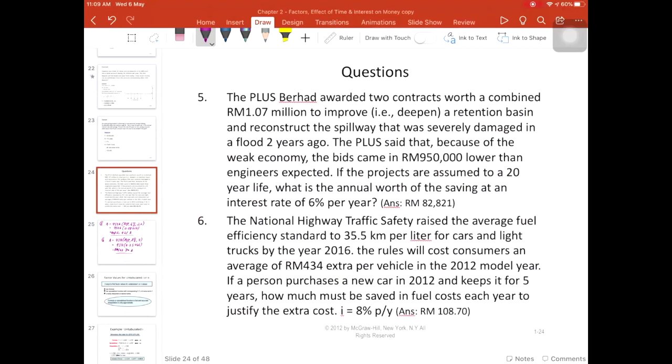It's the bid total, the value you have to get. Understand? Sometimes you have to be very careful with the wording. Okay, any comment?